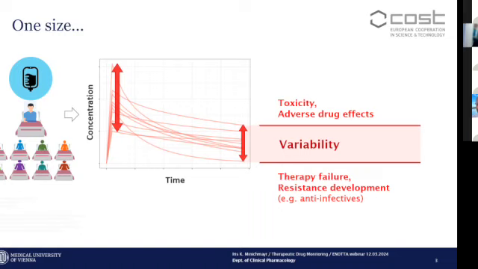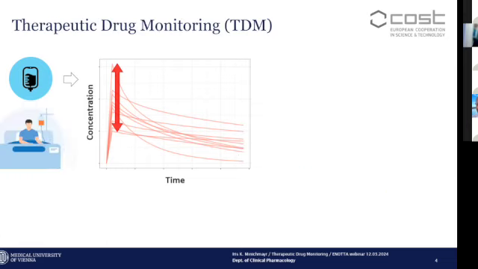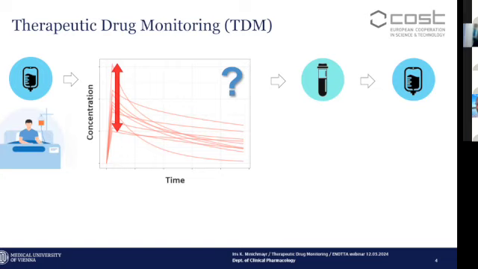Additionally, in the case of anti-infective drugs, there is a risk of antimicrobial resistance development. So it can be challenging to predict whether a specific patient is at risk of overexposure or underexposure. To address this uncertainty, we can take a blood sample and measure the drug concentration.